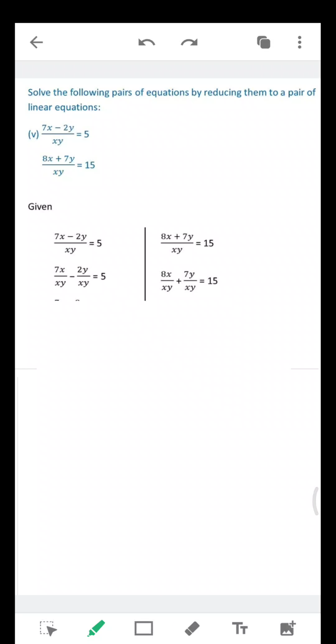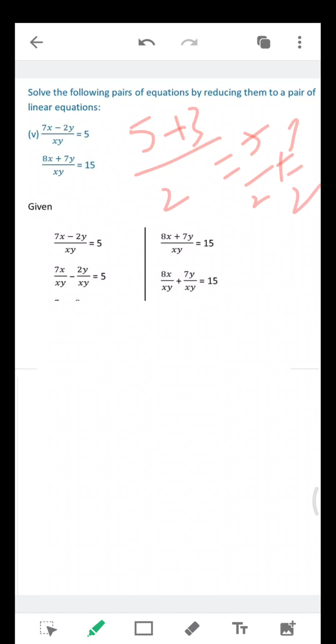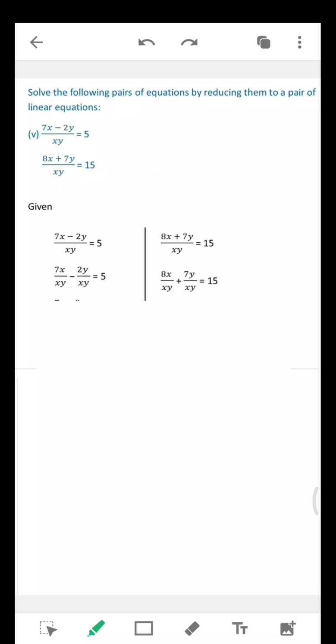Like for example, if you have (5 plus 3) by 2, you can write it as 5 by 2 plus 3 by 2. That's not an issue. So we have split it, and now I'll cancel what I can cancel.